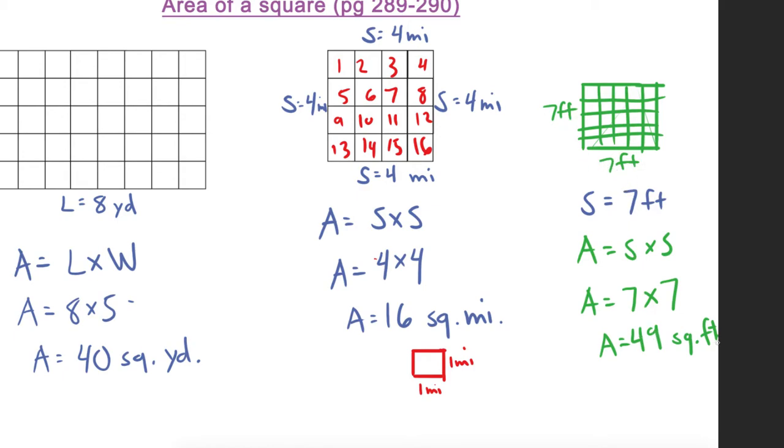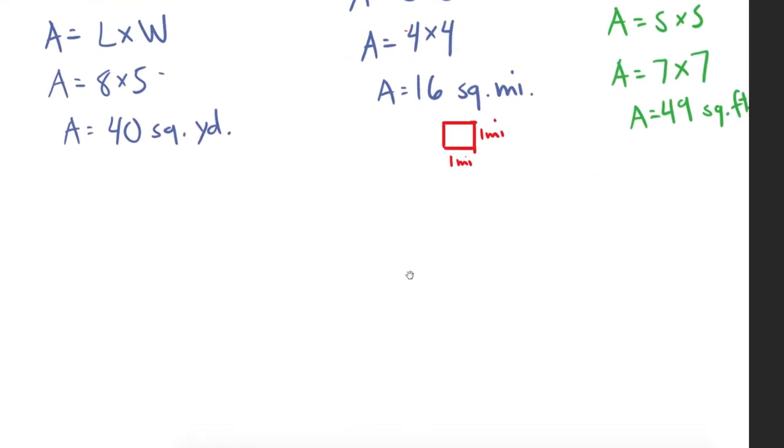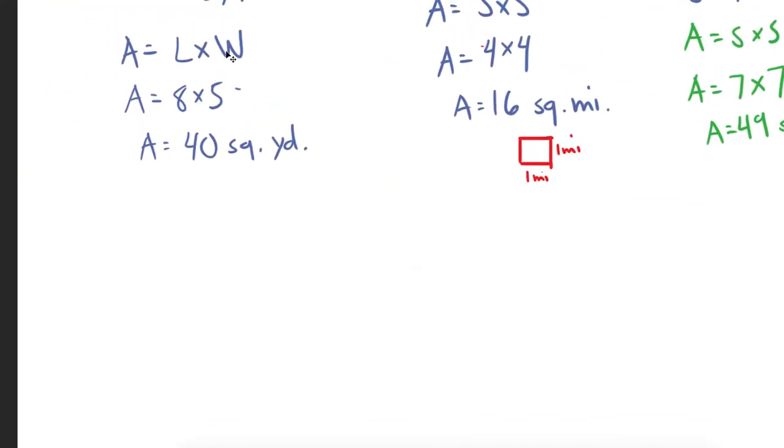And that will get 49 square feet. So it will take me 49 individual squares that are 1 foot by 1 foot to cover my square here.